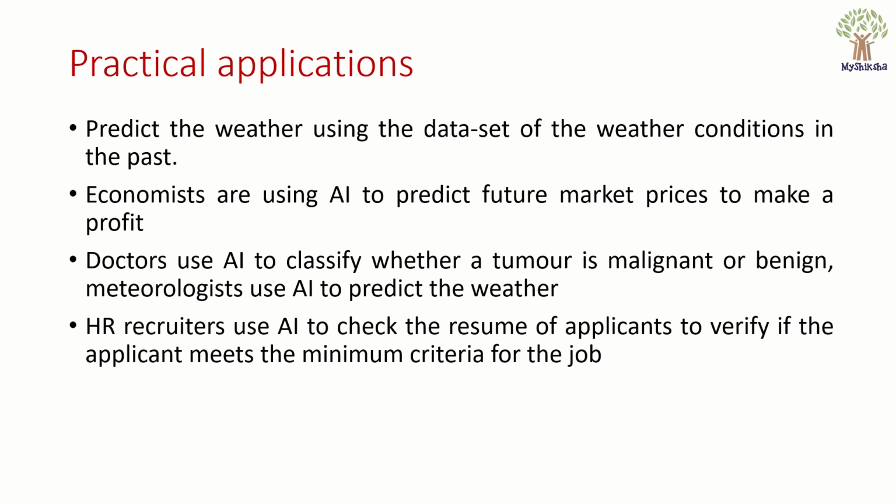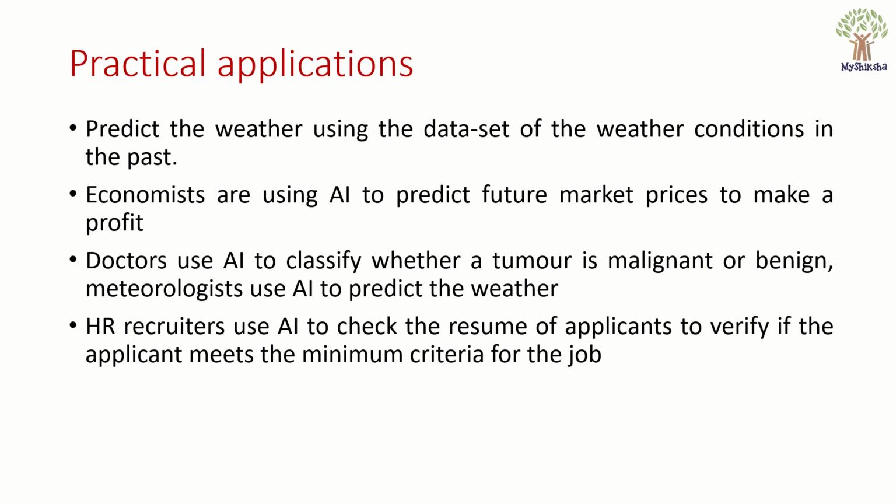So where can I apply linear regression? Let's look at some practical examples. As I told you earlier, you can predict the weather using a data set of past weather conditions. All the variables x1, x2, x3 will be the data of the past, and it will tell you the variable y, which is the dependent or predictor variable, that is the temperature.